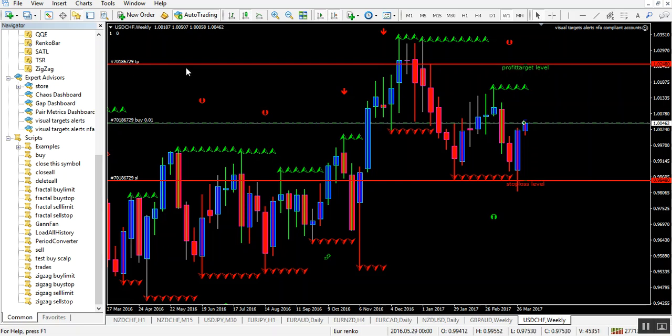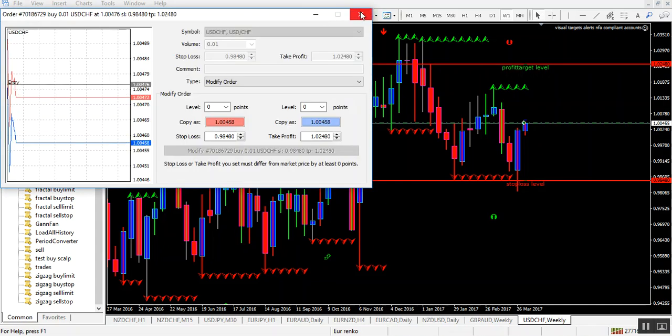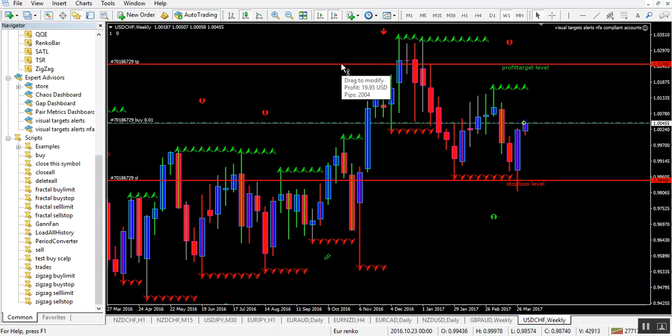And if you say, for instance, want to change it later, you have to get on the line. If you have a lot of trades, you have to get on the line. See, when it says drag modify, it's talking about the line.